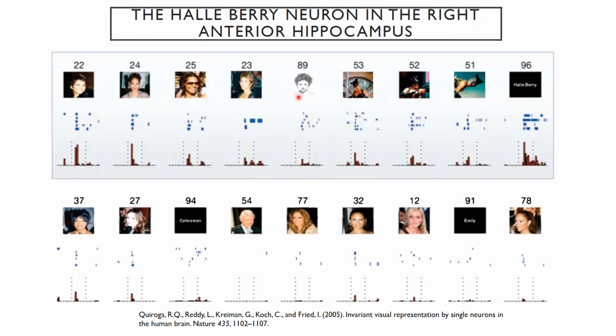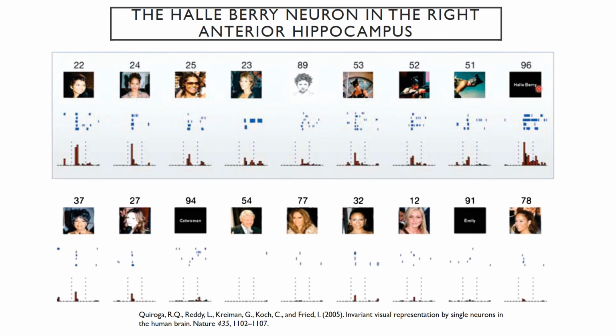It also responded to a drawing of Halle Berry, completely black and white, totally devoid of color. It responded to a picture of Halle Berry dressed as Catwoman. So visually it looks very different, but if you knew that Halle Berry starred in the terrible movie Catwoman, you would also have that response.